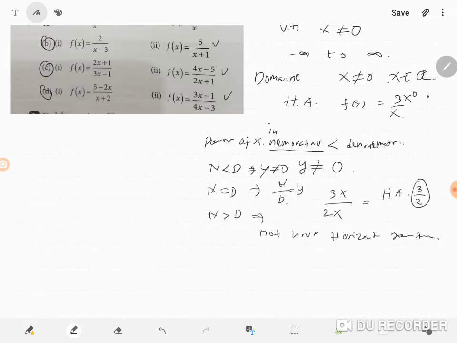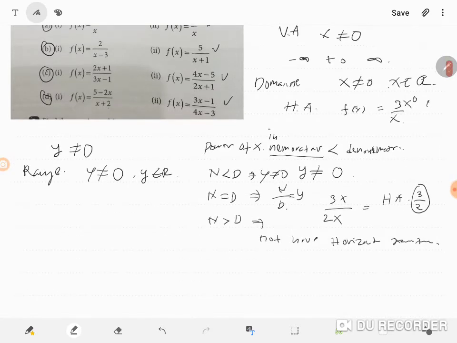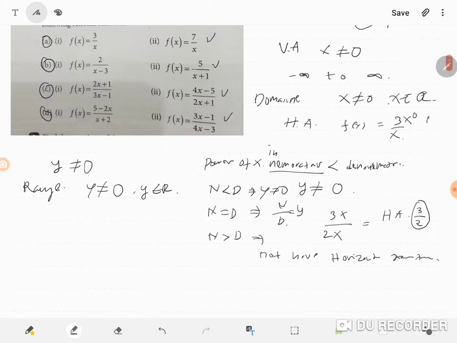For this one, the power in the numerator is less than the denominator, so y is not equal to 0. This is the range: y not equal to 0 and y is an element of the real numbers. That is the range.